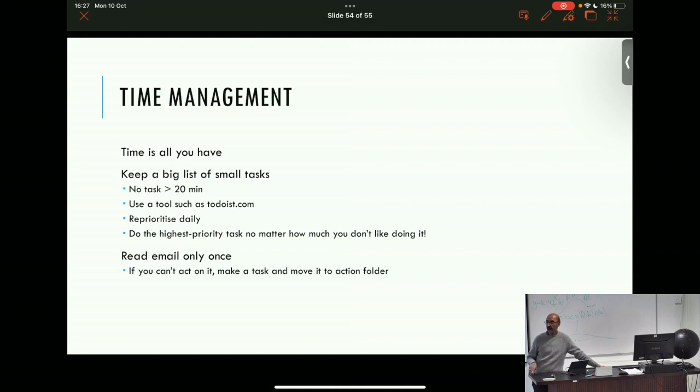So there are two things that we have to distinguish between, urgent and important, right? Some tasks are urgent, they need to be done before a deadline, and some tasks are important. So the urgent and important you have to do right away. If it's urgent and not important, maybe you shouldn't be doing that. Like getting a cup of coffee is urgent and not important. And then there's important and not urgent, like working on getting a PhD, and that you want to reprioritize from time to time.